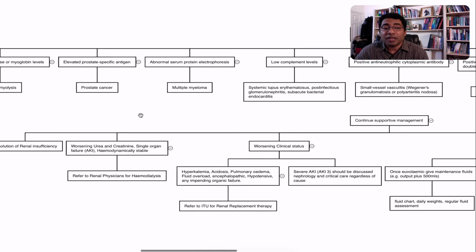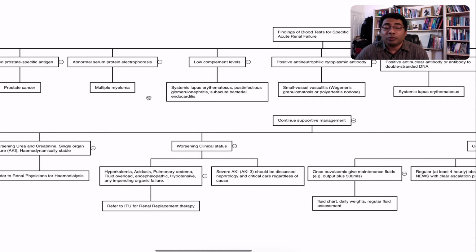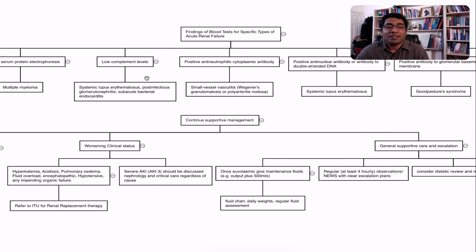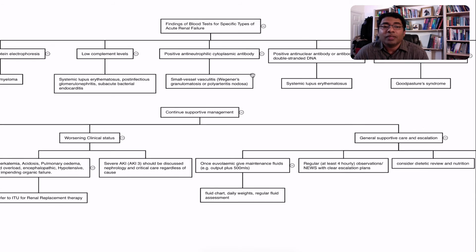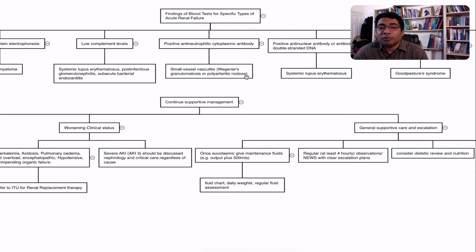Elevated prostate-specific antigen in prostate cancer. Abnormal serum protein electrophoresis in multiple myeloma. Low complement levels, as in SLE, post-infectious glomerulonephritis, subacute bacterial endocarditis. Positive anti-neutrophil cytoplasmic antibody, as in small vessel vasculitis, Wegener's granulomatosis, or polyarteritis nodosa.